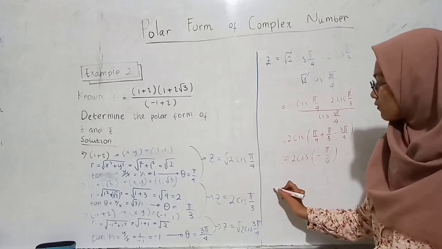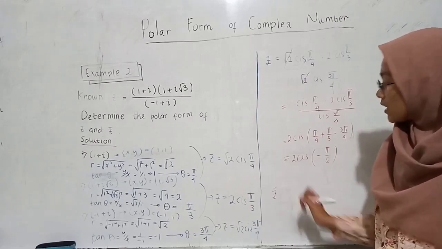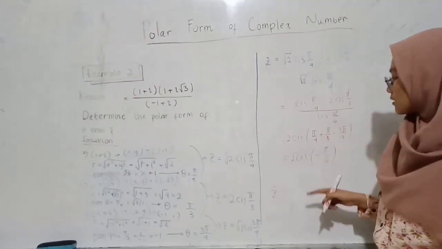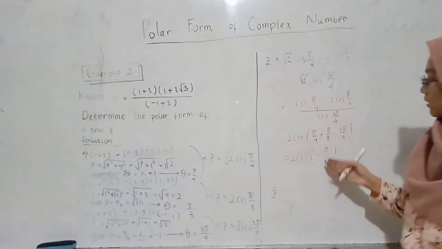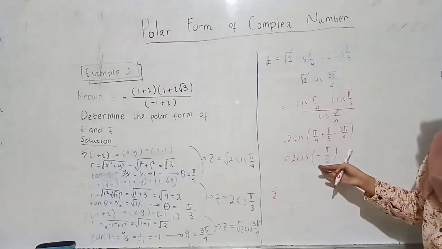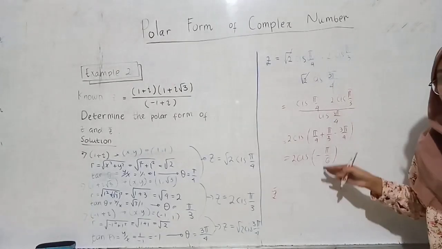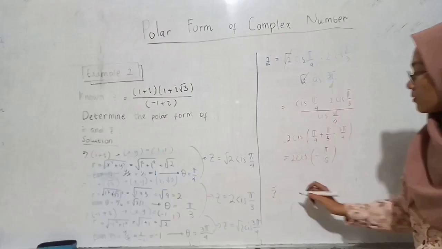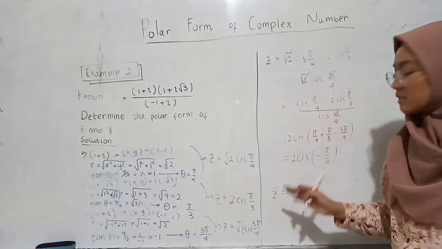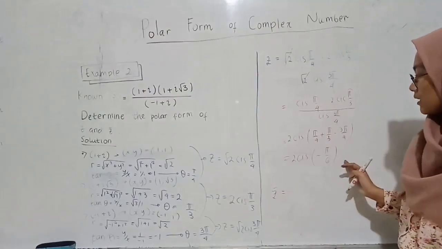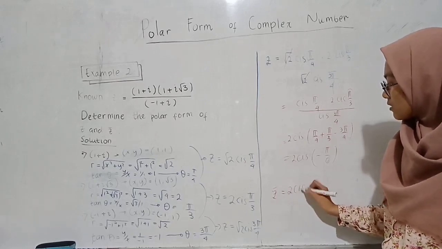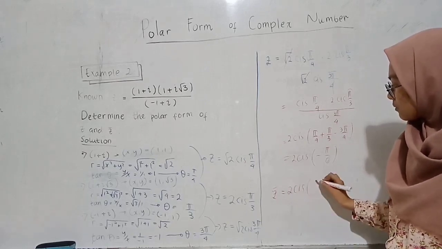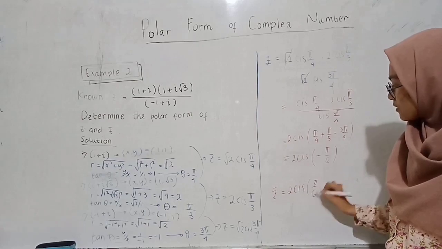So for z bar, remember that arg z bar is the opposite of arg z. In this z, arg z is −π over 6, so arg z bar is the opposite. z bar equals 2 cis π over 6.